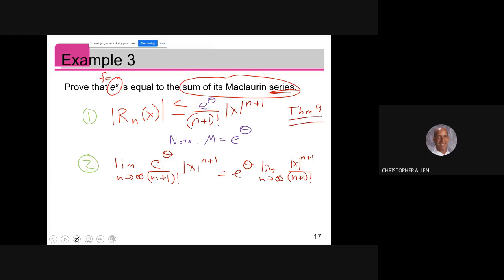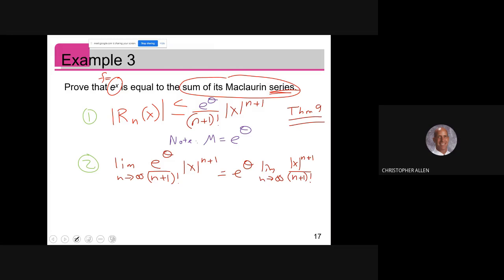The only thing I did is pull that e to the theta piece out, because it doesn't have anything to do with n. It's a constant, depending on whatever value of theta you picked.